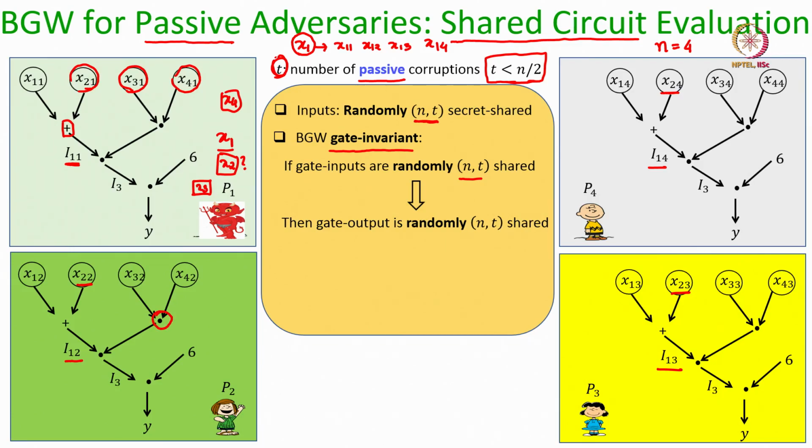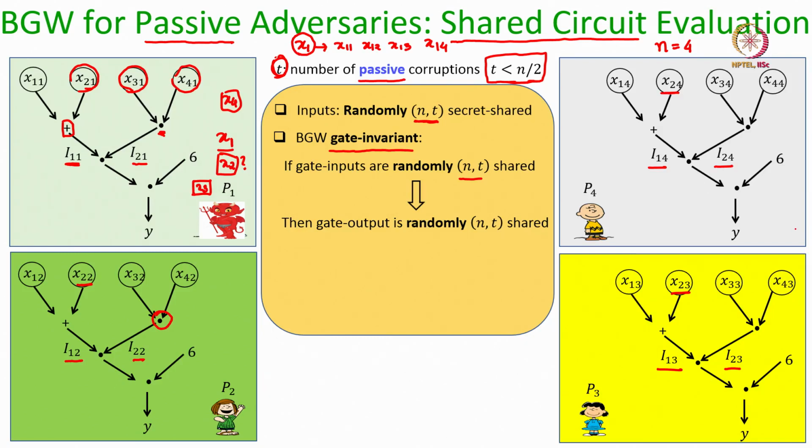The parties will perform some operation on their respective shares for the inputs of this multiplication gate, and somehow the parties will get respectively their shares for the output of this multiplication gate, namely P1 will have I sub 2 1, P2 will now have I sub 2 2, P3 will have I sub 2 3 and P4 will have I sub 2 4, such that this vector I sub 2 1, I sub 2 2, I sub 2 3 and I sub 2 4 corresponds to T out of n secret sharing of the exact intermediate value I sub 2.